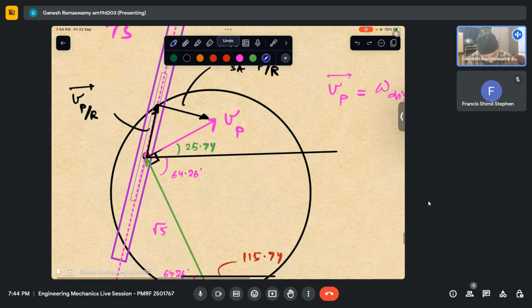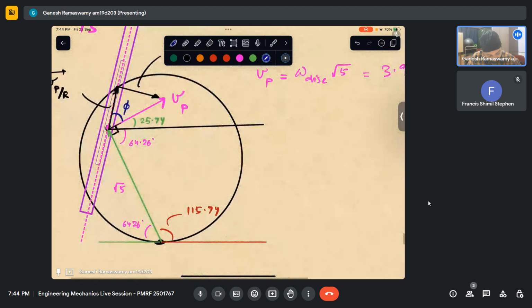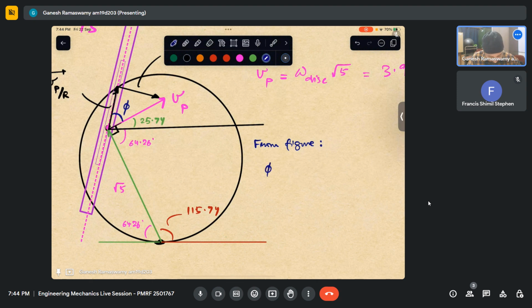If I have to call the angle of our interest some other name, maybe phi, then from the figure I can see that phi plus 25.74 is nothing but 75. Therefore, phi comes out to be 49.26. Now I have got phi.